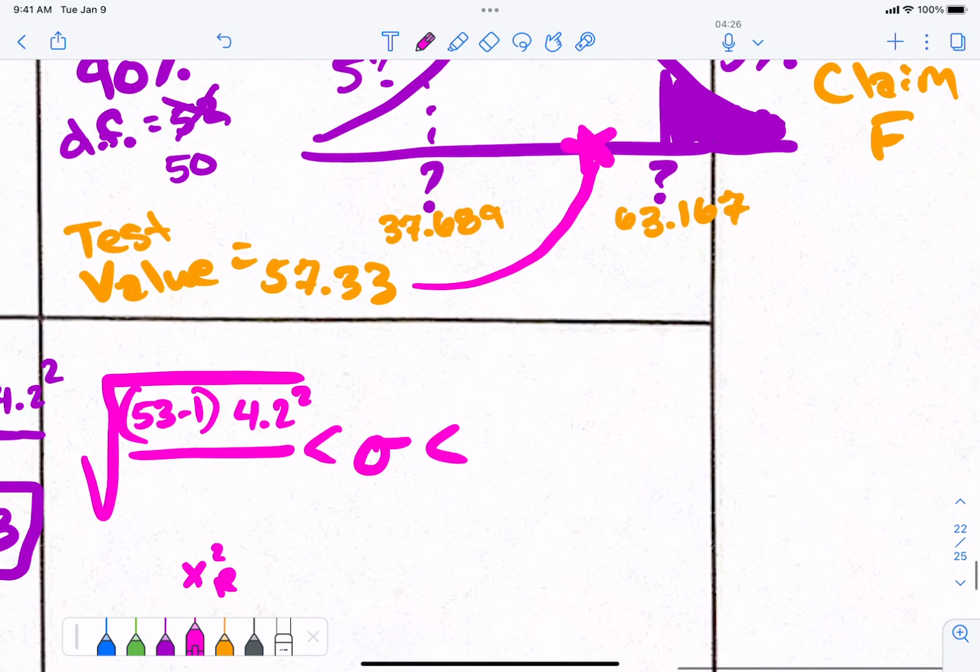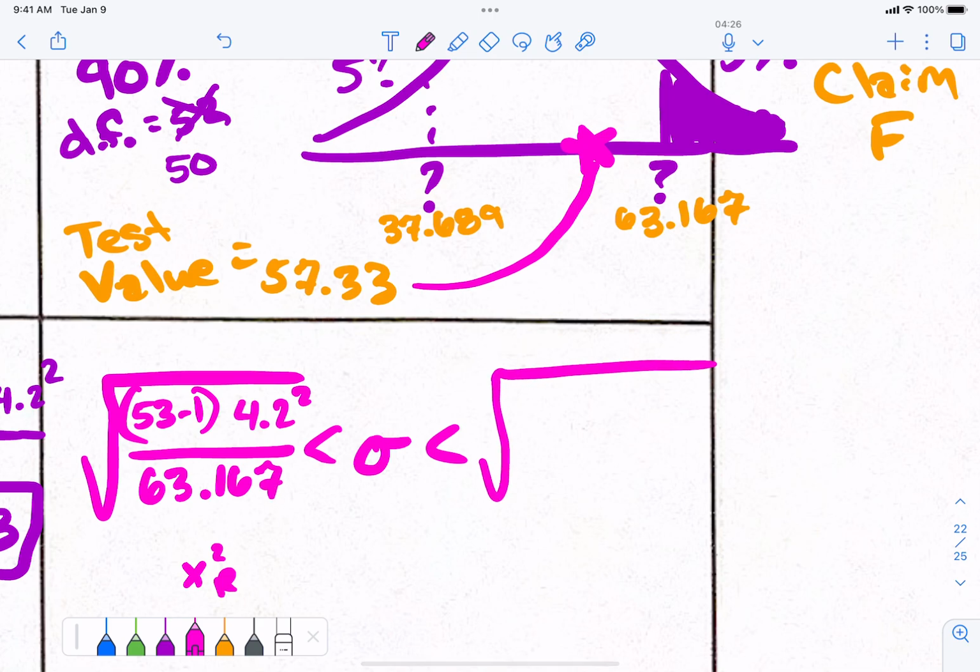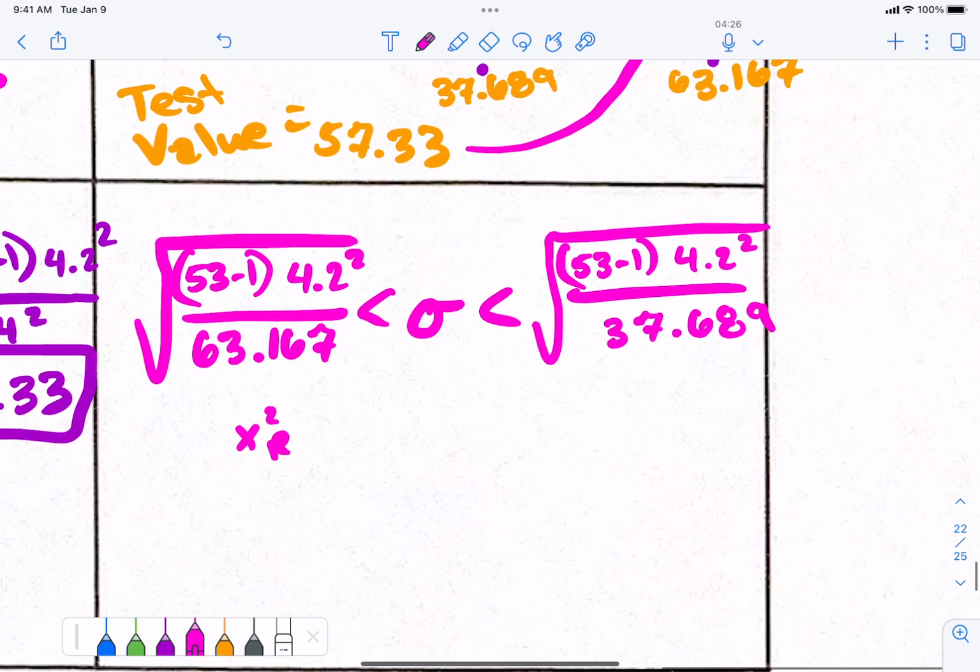Chi-squared right is the number that we got from this chart, 63.167. The other one is the same formula, so if you type it in once, you can just swap that number out. Wouldn't be a bad idea to practice typing this in just to make sure that you can do it right. And this is your chi-squared left number.